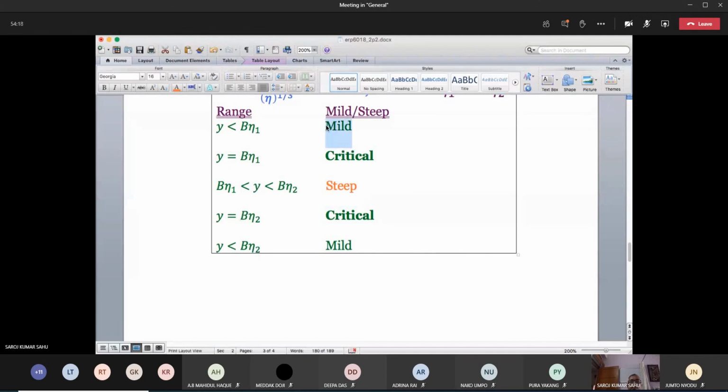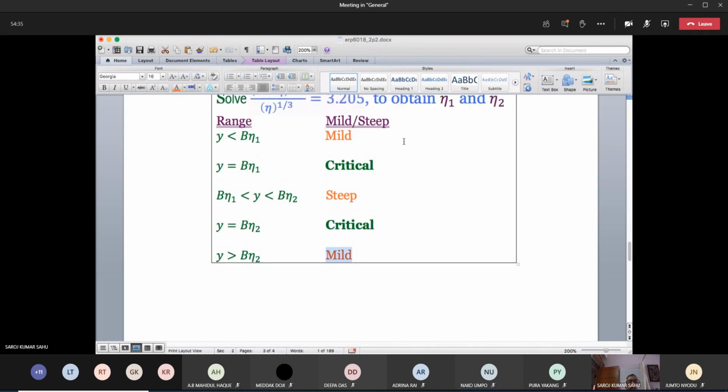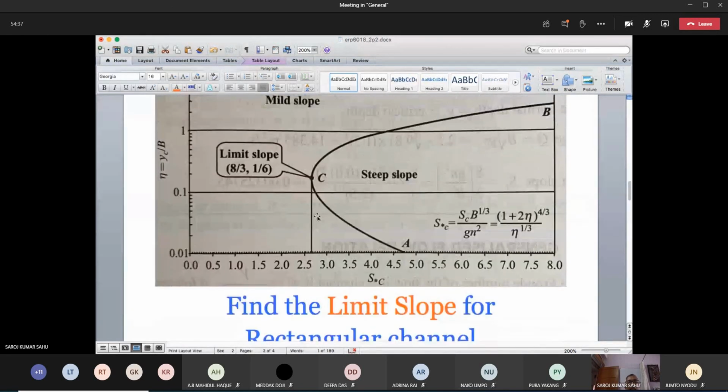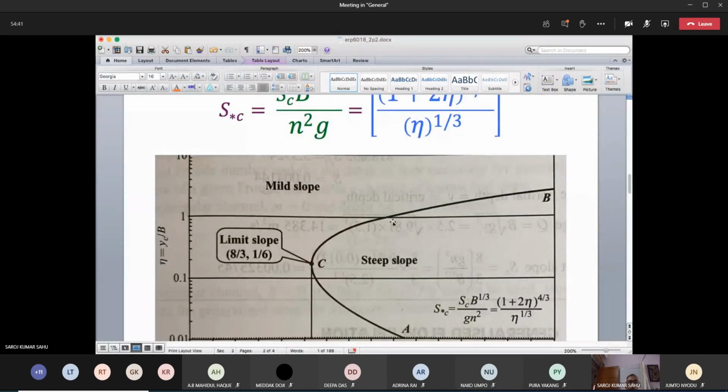Here it is mild, and y greater than beta 2, again it is a mild slope. In between, it's a steep slope.